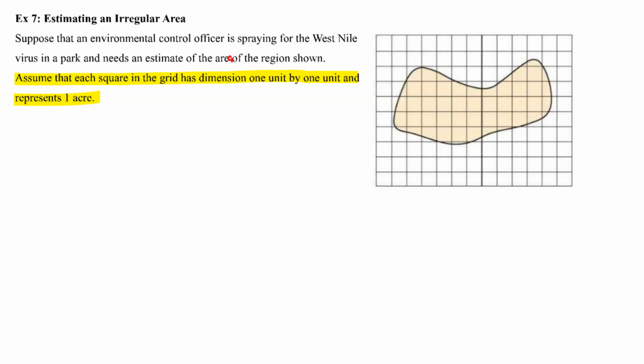We could look at all of the squares that are completely contained inside this figure, and from there look at how many of them are completely and entirely contained in this figure.